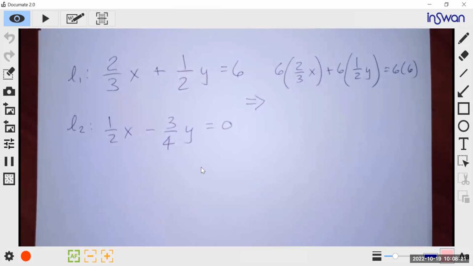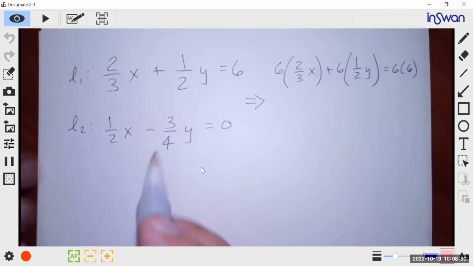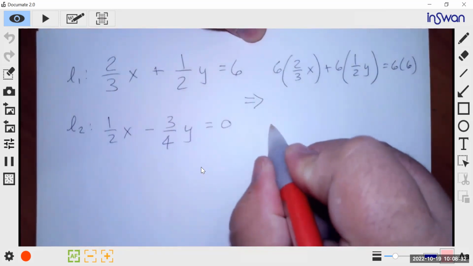And what about the bottom one? What do we multiply by there? 4. Because 2 goes inside 4, 4 goes inside 4. So I multiply every term by 4.